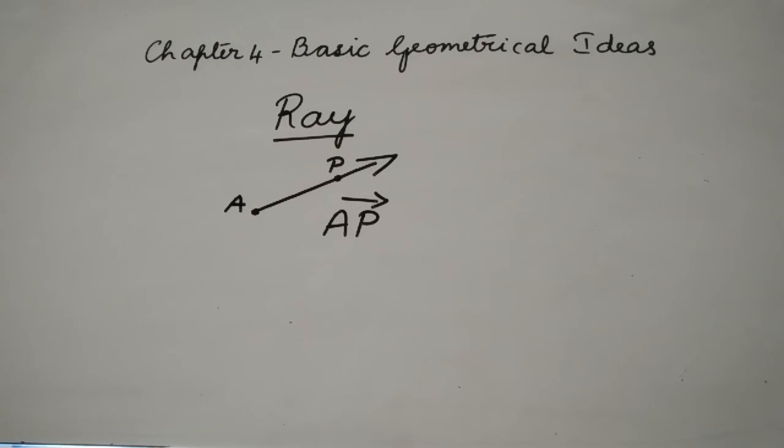Next we have a ray of light from a torch. Next we have the rays of the sun. Even they start at one point and then reach us endlessly in one direction. Is this clear, students? Okay.